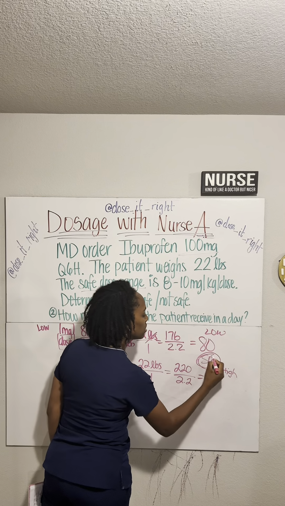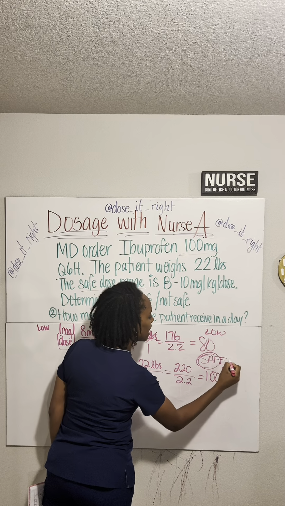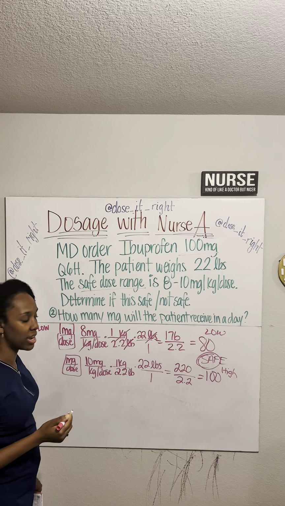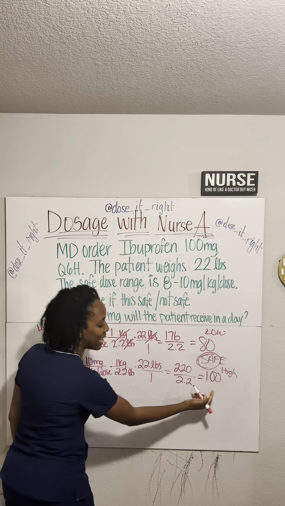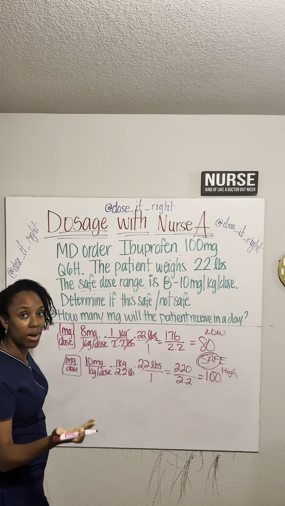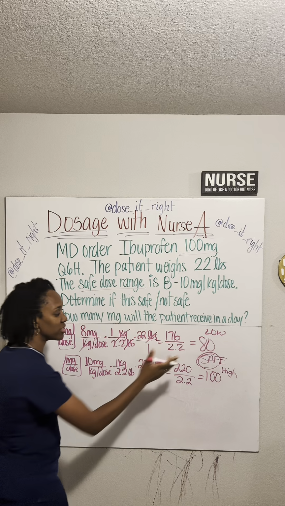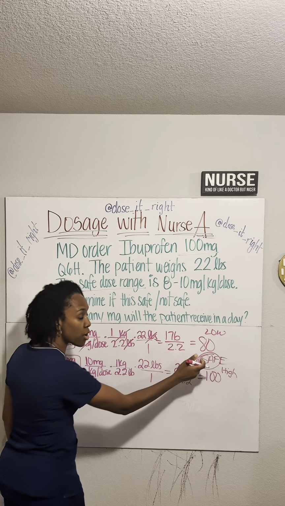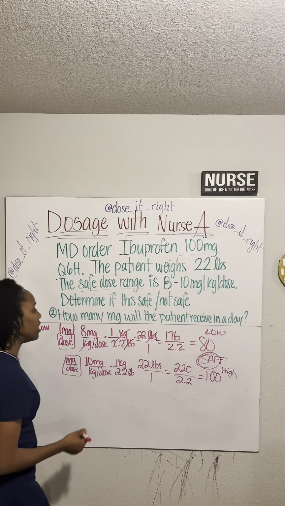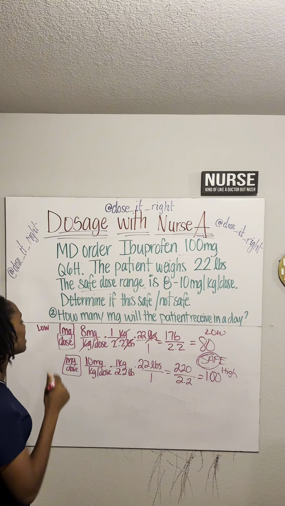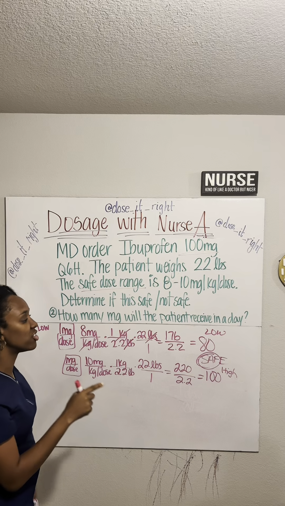So this person will be receiving a safe dose based off of their weight. Now, if they said 101, it will not be safe because that's higher than the highest amount that we can give to that patient. So as long as it falls on the number or within the range, all right.